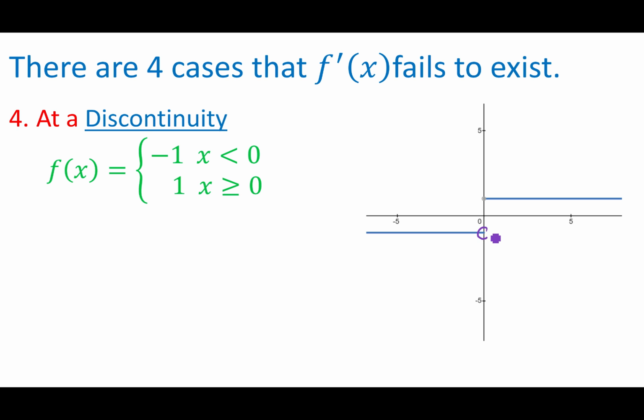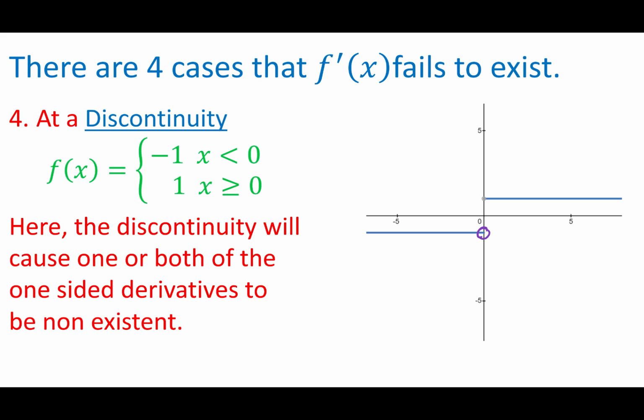This is an open circle here, but if there is a discontinuity, it is not differentiable at the discontinuity. Okay? Because here the discontinuity will cause one or both of the one-sided derivatives to be non-existent. Okay, we could not find it at 0. It's not differentiable. We can only differentiate if it is a continuous function at a continuous point on our line.